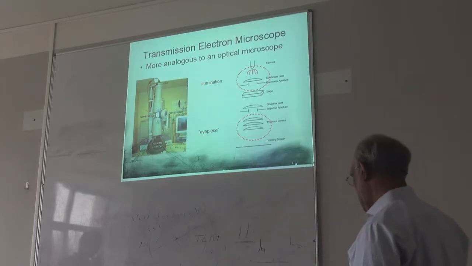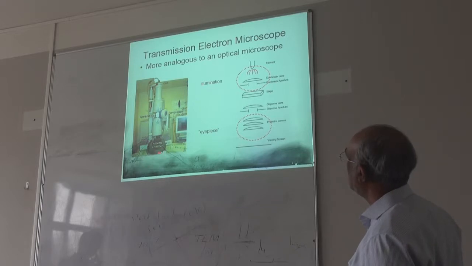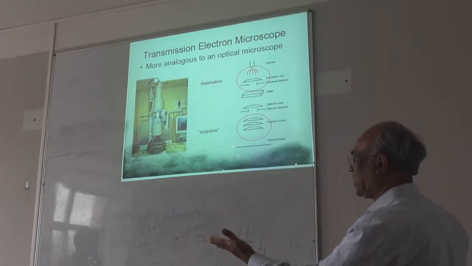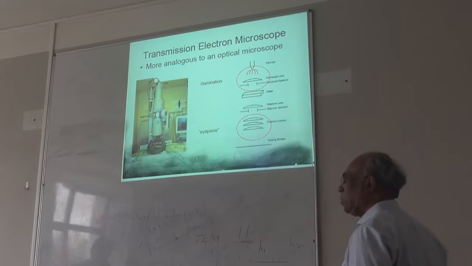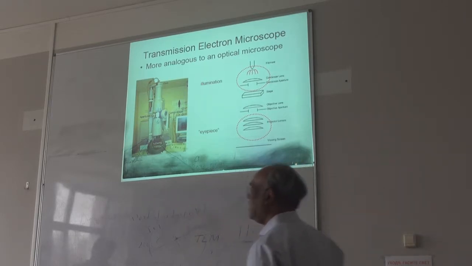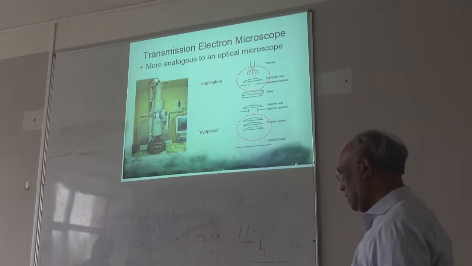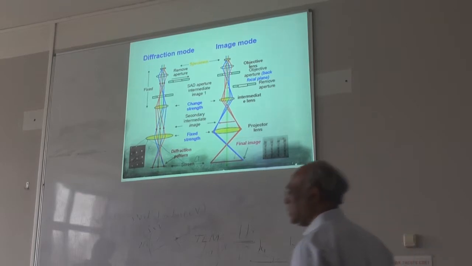It's very similar to this one. This is like the eyepiece to view with. You illuminate, meaning you expose to electrons in this case, and then you have the sample here. So it's very similar to an optical microscope, except we use electrons instead of light.